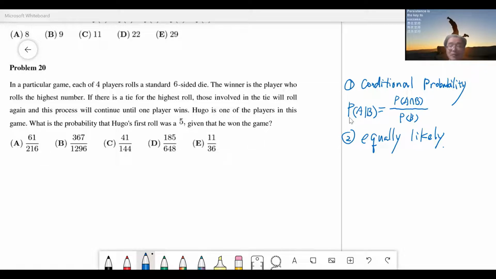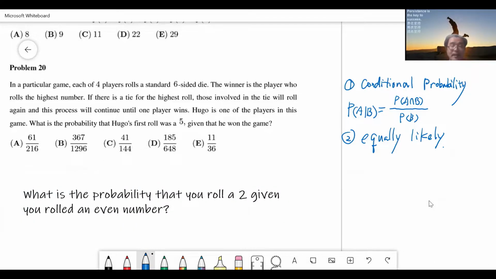We have the formula P(A given B) equals P(A and B) over P(B). To understand this better, we're going to use an example to explain what conditional probability is. If you have a six-sided die and you roll it and you roll a 2, the question asks, what is the probability you roll a 2 if we already know you rolled an even number?